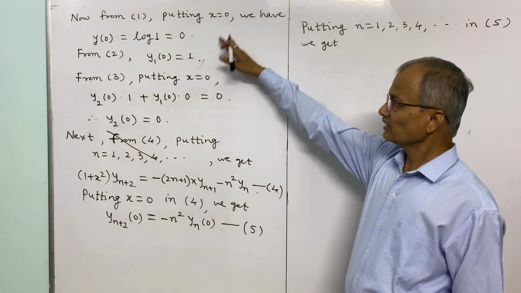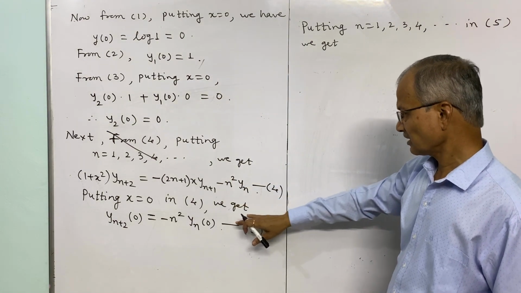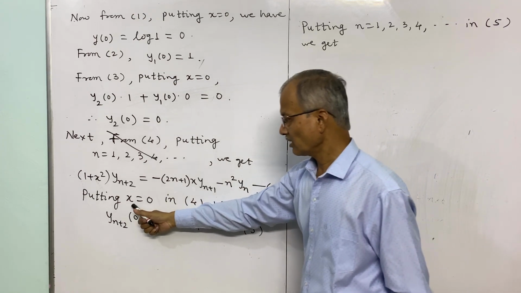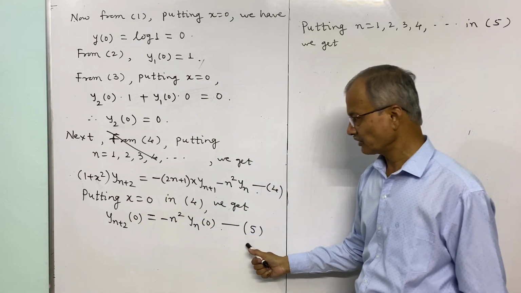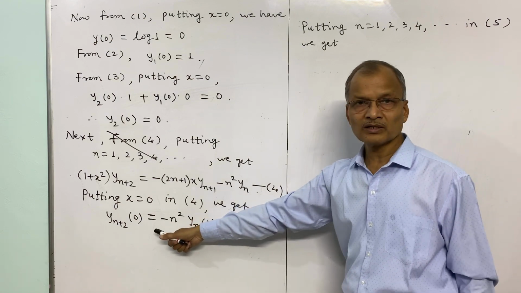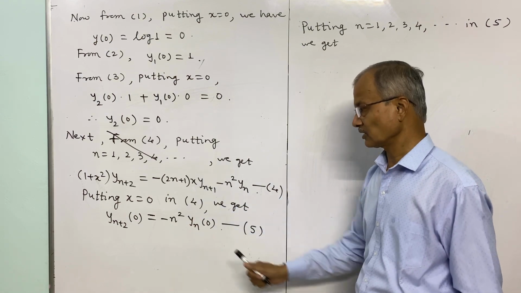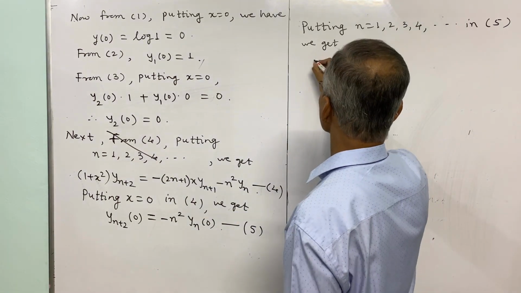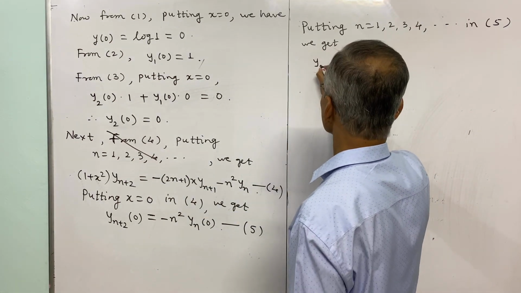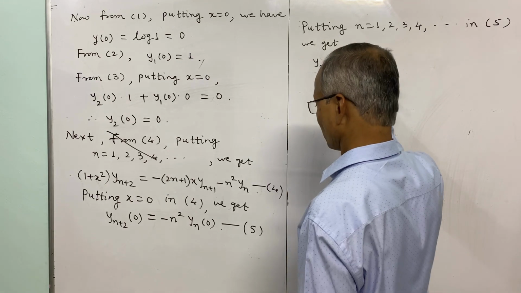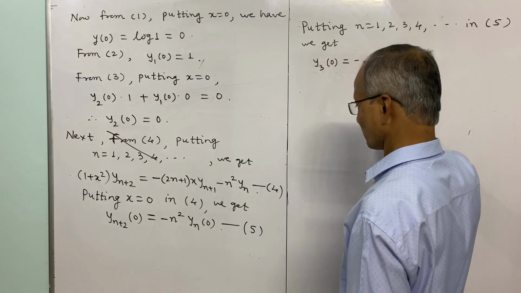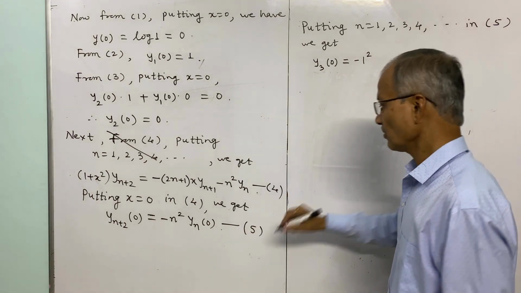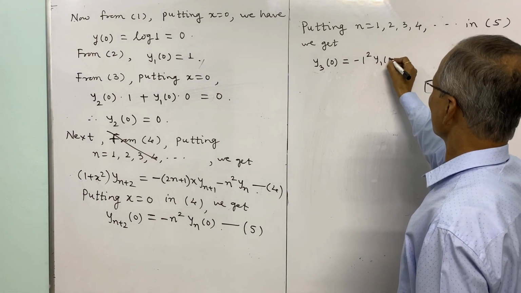So we have obtained these derivatives. Then we first simplified this fourth equation and put x equal to 0, and we obtained this fifth equation. Now we put n equal to 1, 2, 3 in this equation. Put n equal to 1, that will be y3 (n + 2 = 3), that is y3 at 0 is equal to minus n square, n is 1, minus 1 square into y1 at 0.